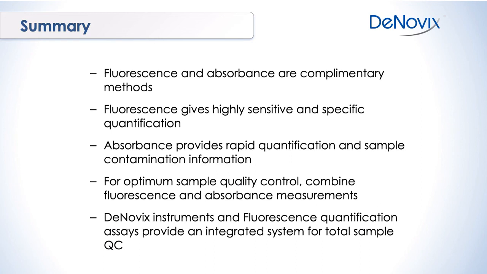So DeNovix instruments and our fluorescence quantification assays provide an integrated platform for total sample quality control by combining these two different methods into one instrument. And I know that GC Biotech are happy to arrange in-lab demonstrations for anybody who wants to try these out in their own labs on their own samples.